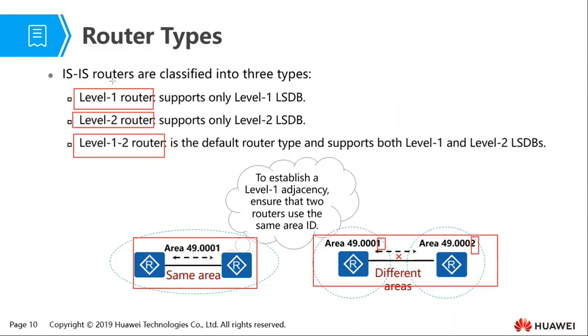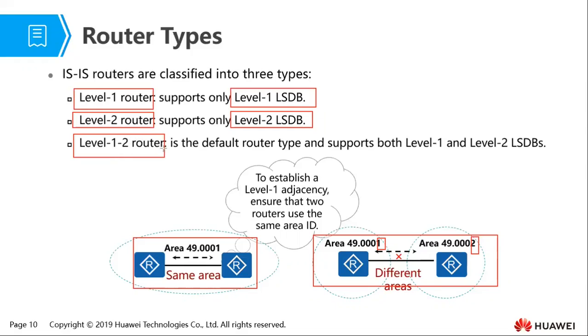Now, level 1 routers will also have a link state database for that particular area, so it's known as the level 1 LSDB. On the other hand, you can have another area which you're going to talk about, known as the backbone area, where we put level 2 routers. Our level 2 routers can only have level 2 LSDBs. Now, the interconnection between level 1 and level 2 routers is what we call level 1-2 routers.